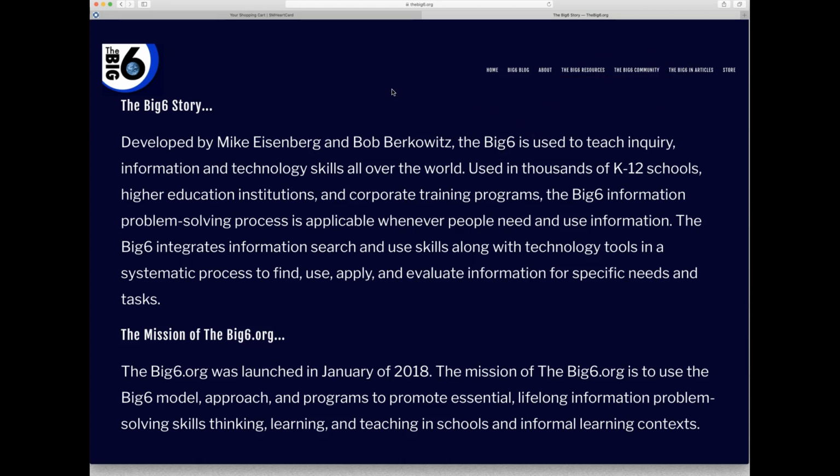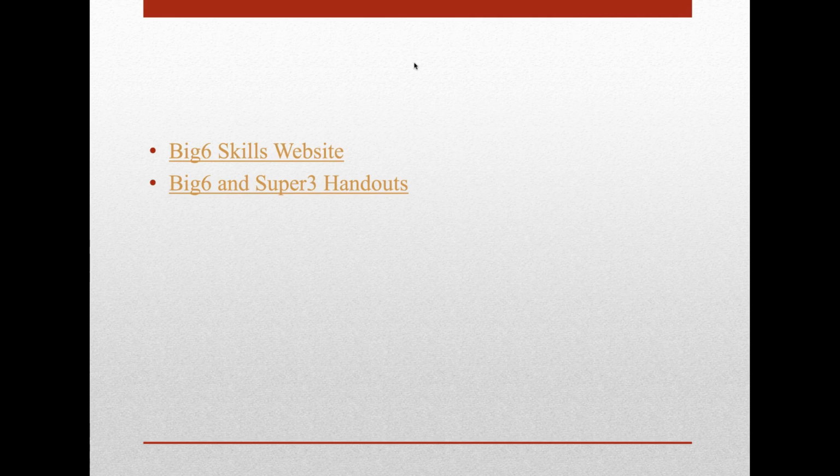I'm not saying it's a way you have to go, but it's just one way of thinking about the process of teaching information literacy in an organized fashion, and encompassing all of those skills that you want students to be learning if you're teaching it in a deliberate way.